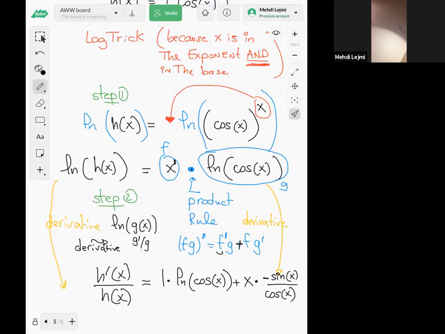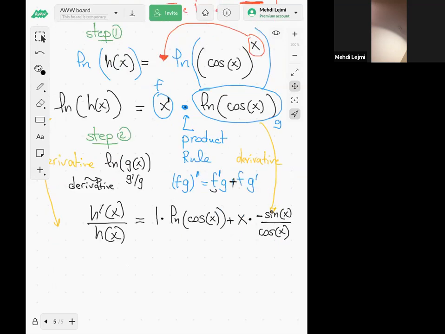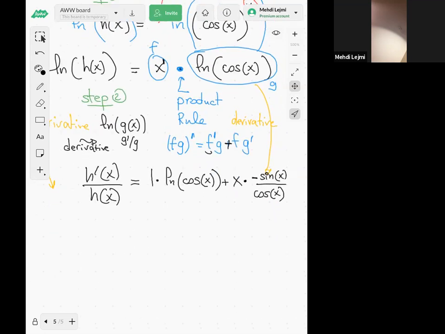So let me just write right here. So this is h prime of x over h of x. It's natural log of cosine of x minus this x times sine over cosine. That's the definition of tan.